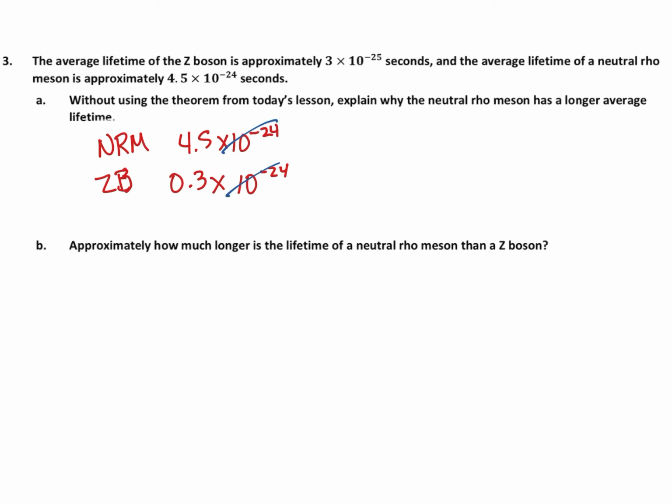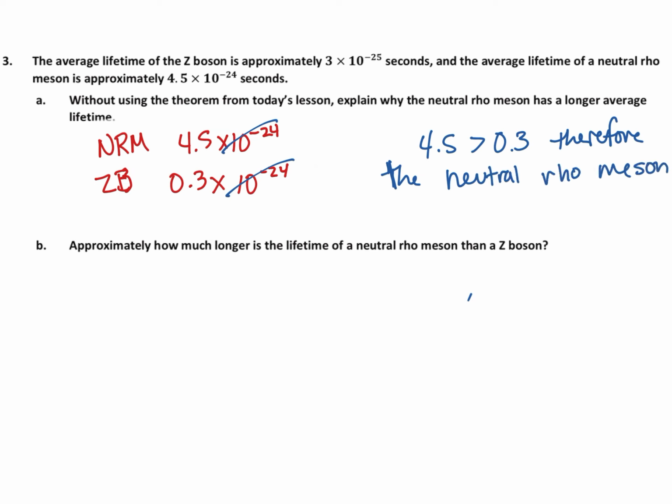So with the exponents being the same, which one has a longer lifetime? Well, 4.5 is more than 0.3. Therefore, the neutral rho meson has a longer lifetime.